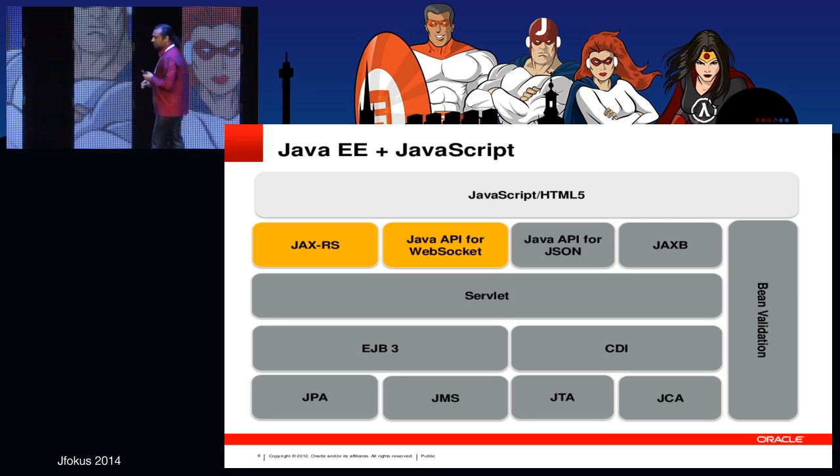In this development model, the UI is this amorphous blob that we don't really care about much. It's way out there, and it's written in JavaScript and HTML5. The way we communicate with it, as I mentioned, is REST, and it's well implemented in Java EE in terms of JAX-RS.